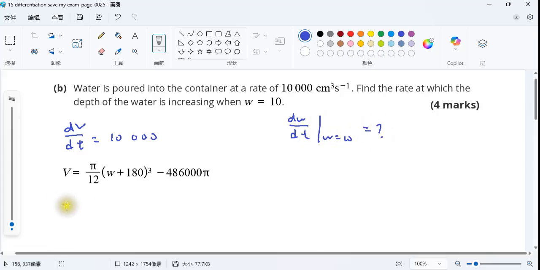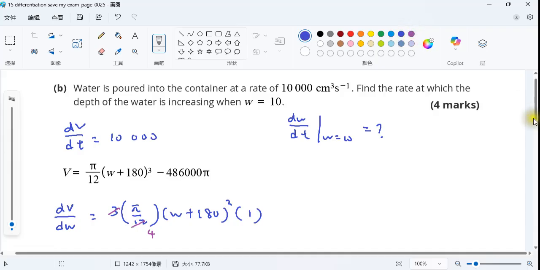So we find dV/dw, which equals 3π over 12 times (w plus 180) squared, so this will be 4 here.